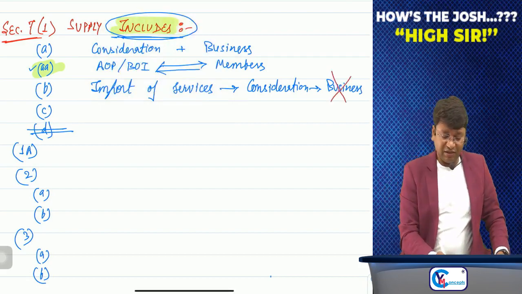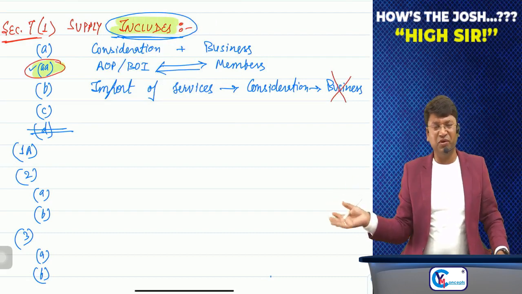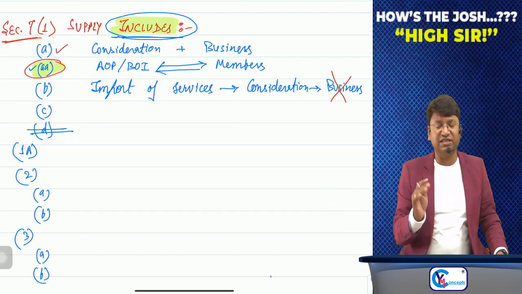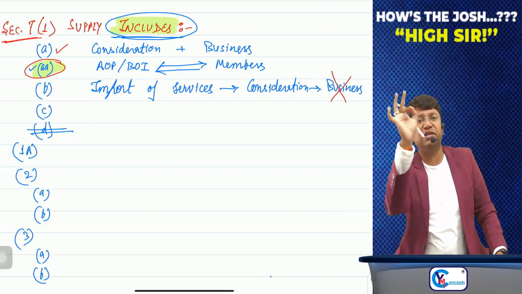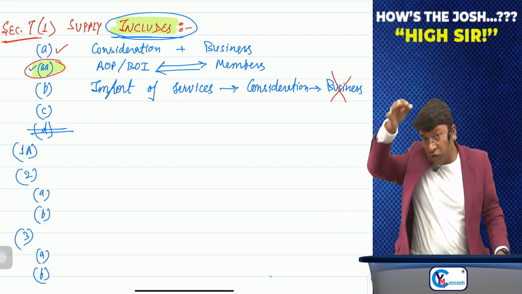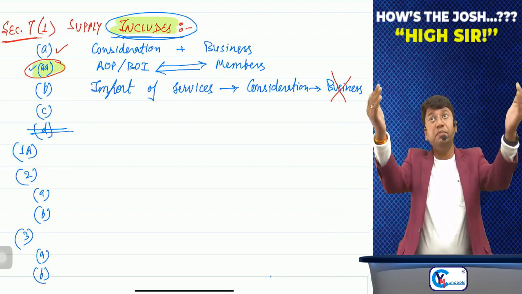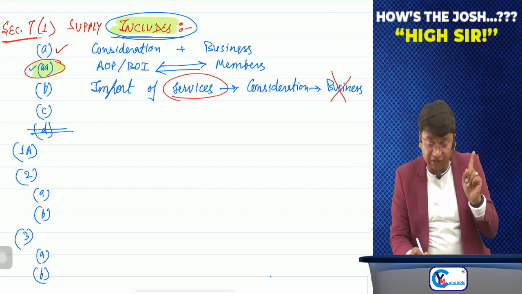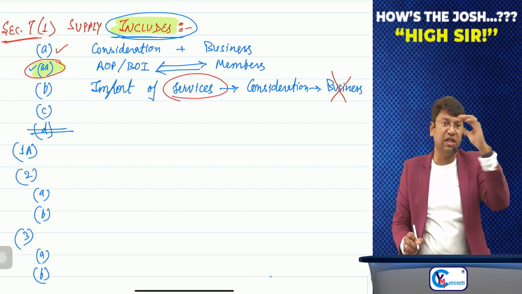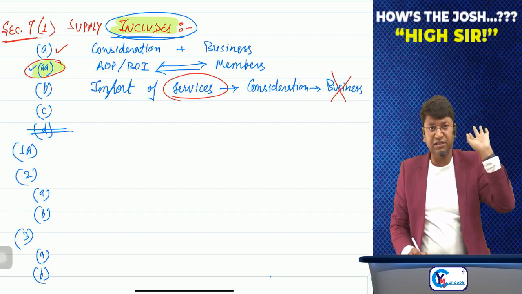See, clause number double A was inserted just for AOP BOI. So the main clause was clause number A. Clause number A says that it should be for a consideration plus it should be in the course or furtherance of business. Clause number B says that don't worry, if you are importing services, I am talking about services, not goods. On import of goods, customs duty is levied. Okay, we will discuss it afterwards.